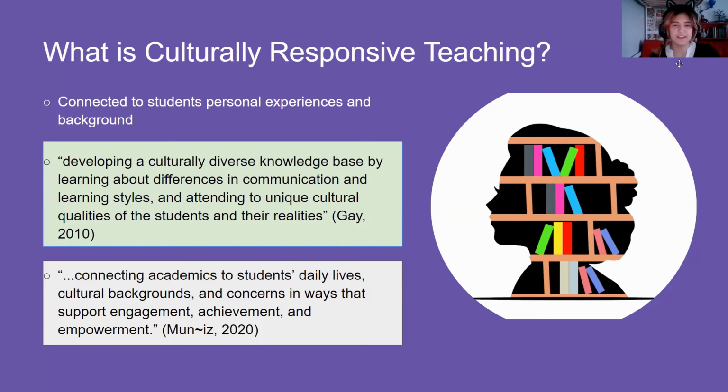Another definition that differs slightly comes from the context of the United States. Here it's defined as connecting academics to students' daily lives, cultural backgrounds, and concerns in ways that support engagement, achievement, and empowerment. So the second one, as you see with empowerment, is a little more dynamic in its intent and what it's trying to address.